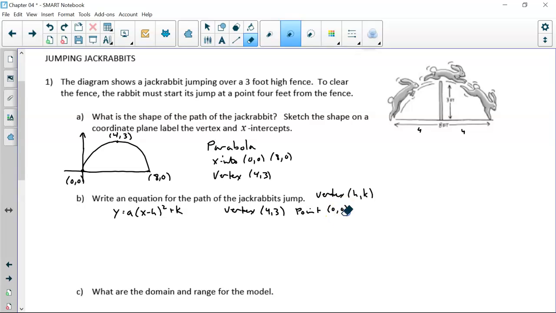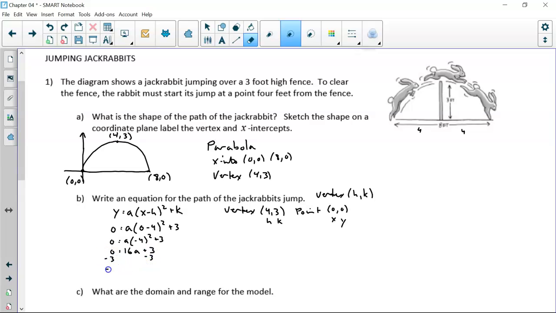Both will work exactly the same. So the vertex is our h and k, and the point is our x and y. y is 0, a we don't know, that's what we're solving for, x is 0. So 0 equals a times (0 minus 4) squared plus 3. Negative 4 squared is 16, so 0 equals 16a plus 3.